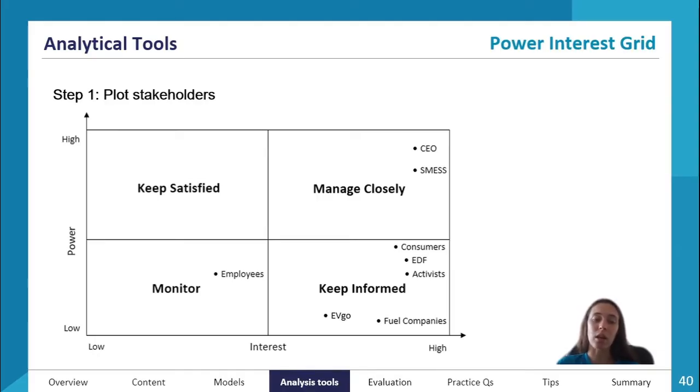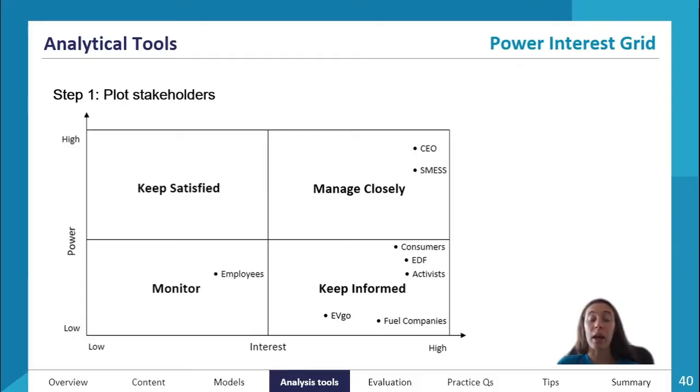Employees are down in that monitor category, so they will be somewhat interested and they have a little bit of power, but ultimately they're not going to have too much interest or too much power to need to keep them too involved. Of course, you still need to communicate with employees, as we've seen throughout this session.